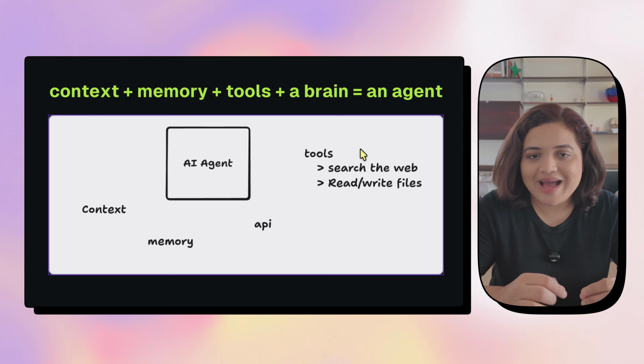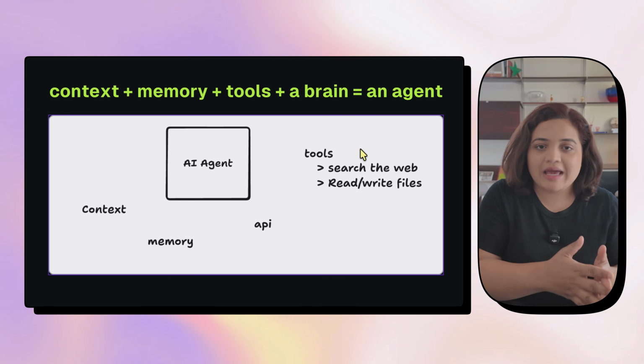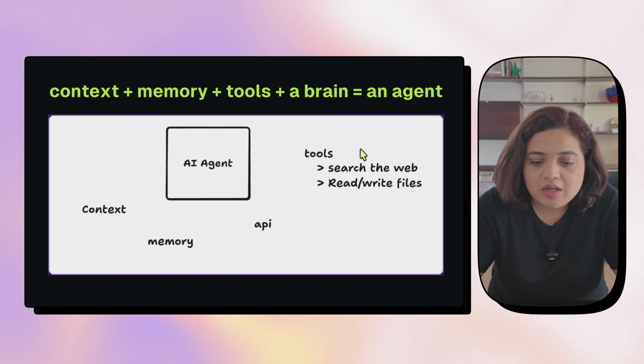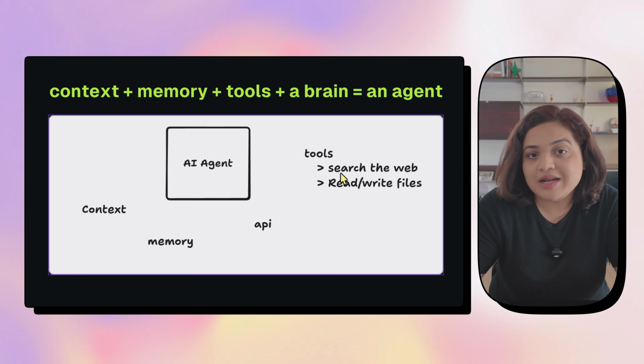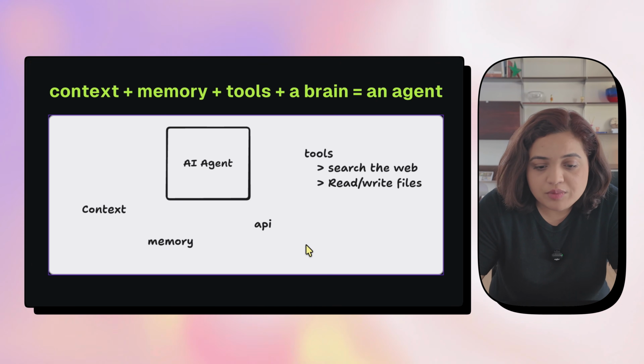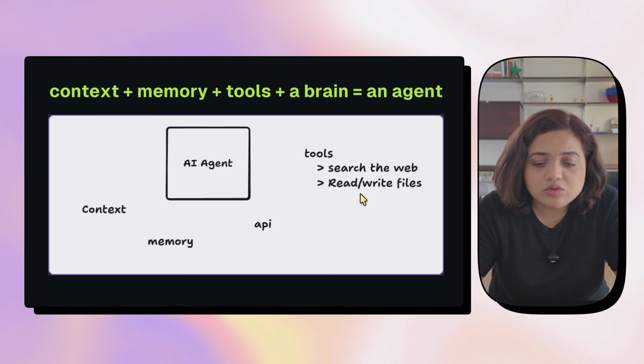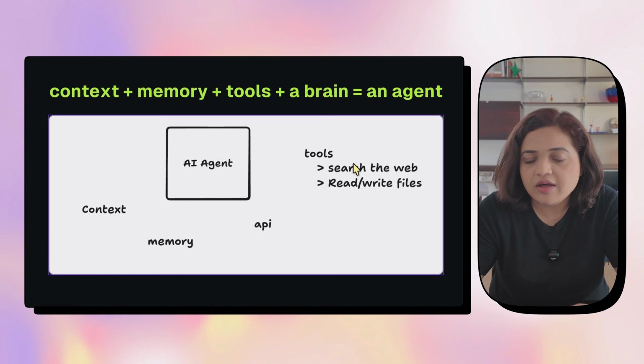Tools, for example, the actual functions it can call, what it can or can't do. So if you give access to everything, it's going to go crazy. The brain of the agent, the model that actually does the reasoning. So if you can picture all of these, or I guess the API too, wherein you are calling a lot of these services. And going back to tools, tools could be searching the web, reading or writing files, accessing your database, like whatever it might be.